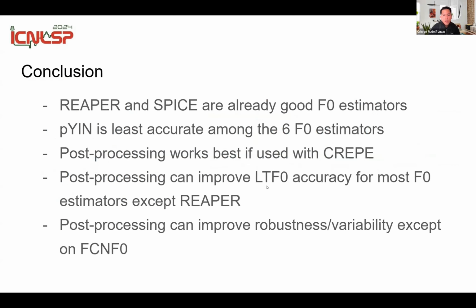So in conclusion, the main takeaways from this study are that if you're trying to measure your long-term F0, Reaper and SPICE are already good F0 estimators, and pYin is the least accurate. But if you use post-processing, it works best with CREPE, and with post-processing you can have a more accurate long-term F0 and more robust variability with respect to different data sets.